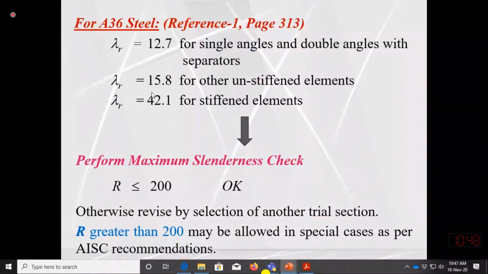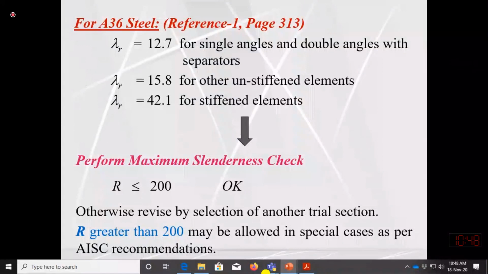Dimension of larger leg divided by thickness of the angle section should be less than 12.7 to avoid local buckling. In case of flange of channel section and flanges of I section, B over T ratio should be less than 15.8 to avoid the local flange buckling. So B over T value in case of channel is BF, total flange width, divided by thickness of flange.